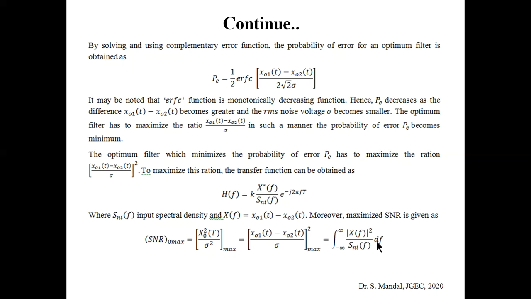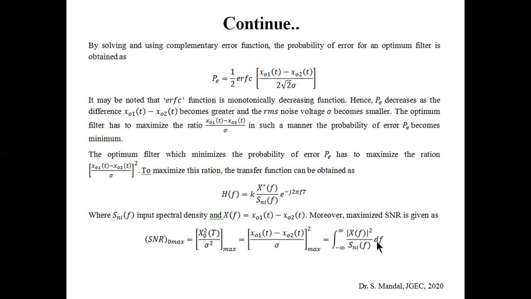By using a similar approach to that used in the integrate and dump filter, where we used the complementary error function, the probability of error for an optimum filter is given by Pe = half erfc of (x01t - x02t) divided by 2 root 2 sigma.